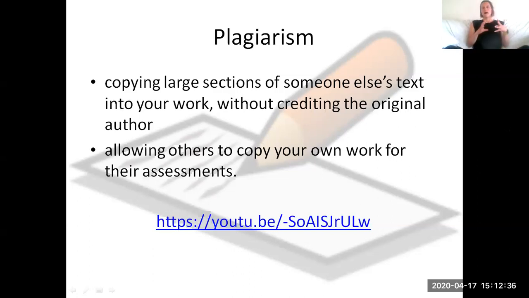But also, we want to make sure that if we're quoting what we've read or what someone has said, that we're making it clear that it's a quote using quotation marks, or if it's a piece of audio, writing who that audio belongs to, and things like that. So it's okay to use other people's information, but you need to present it as your own information, citing other people along the way, okay?